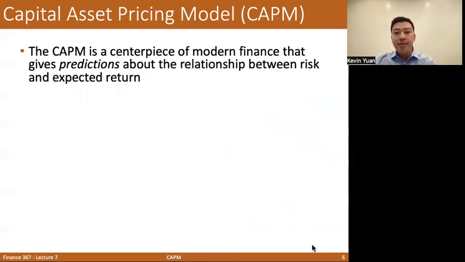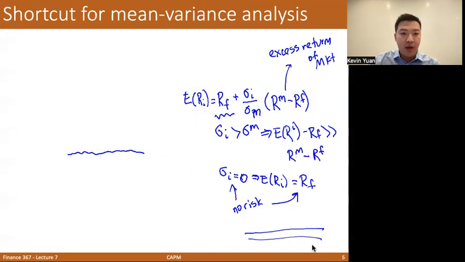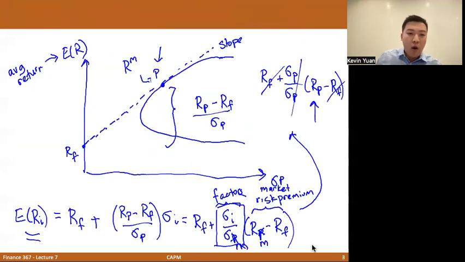Okay, and so going back to this figure now, all we've talked about is pricing securities on this tangency portfolio line. But what if I wanted to price any other asset? It's not necessarily the case that I have an asset that lies perfectly on this tangency line.